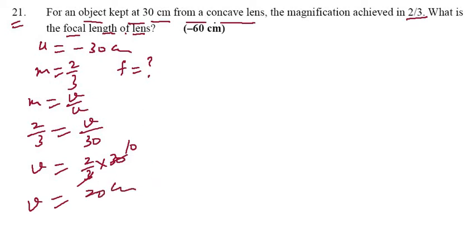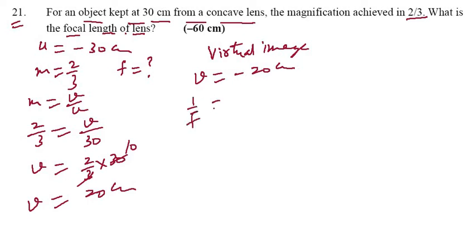But a concave lens always forms a virtual image. Always remember, for a virtual image V is always negative. That is 20 centimeters in minus. Now we can apply the formula: 1 upon F is equal to 1 upon V minus 1 upon U. It is for the lens.